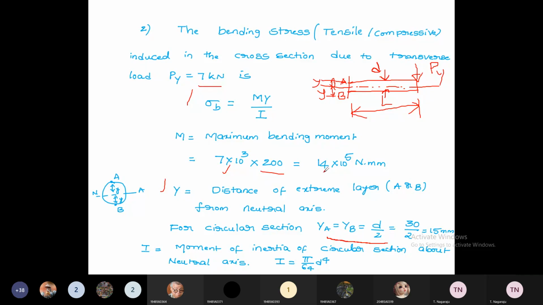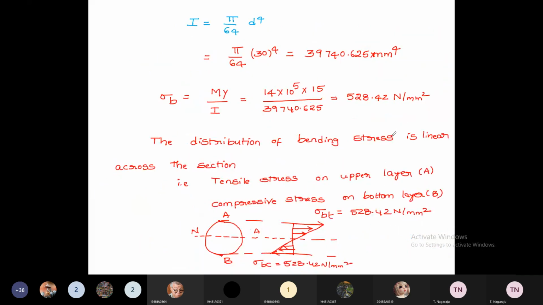Then the moment of inertia for a circular member about its neutral axis, we know, is pi by 64 d power 4. Substitute the d value 30, and this much is the moment of inertia. Now substitute the values here.